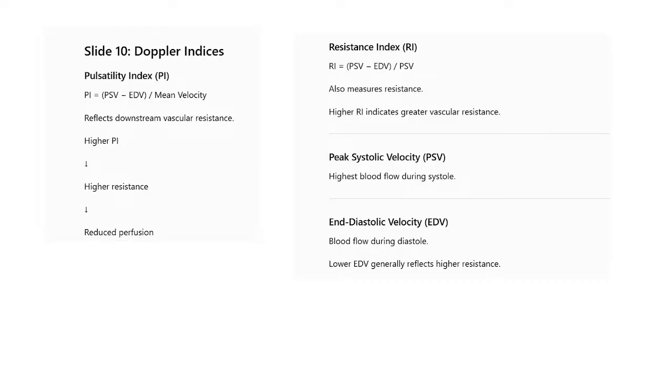So they are almost the same, but PI is more accurate, more predictable than the resistive index. The peak systolic velocity, PSV, is the highest blood flow during systole. I have shown you the peak. Then the end diastolic velocity, EDV, is blood flow during diastole. Lower EDV generally reflects higher resistance.